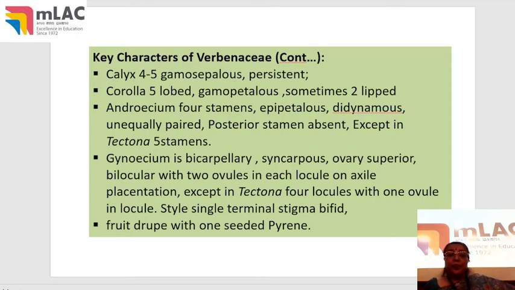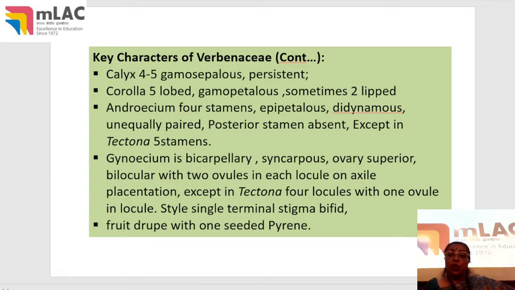Then you have the gynoecium, which is the female reproductive structure, where the gynoecium shows bicarpellary condition. Carpels are 2. Carpels are fused, so syncarpous. And then ovary superior. When the flower is hypogynous, the ovary is superior.